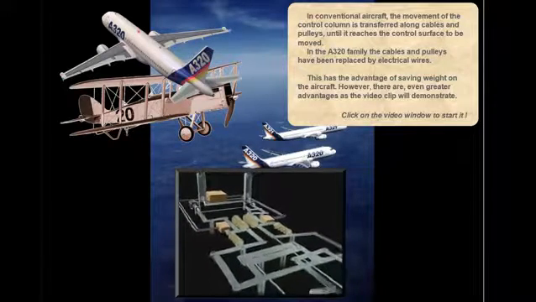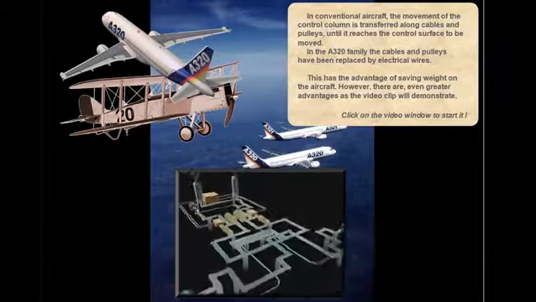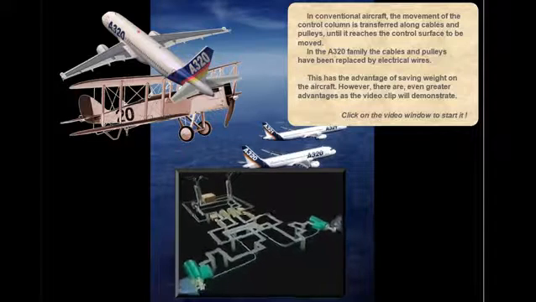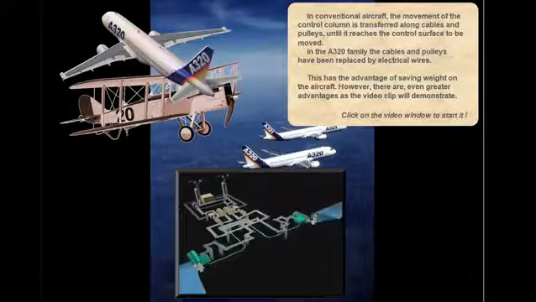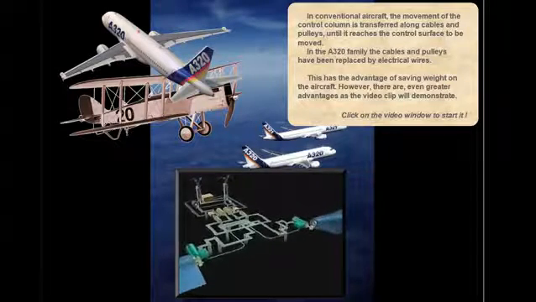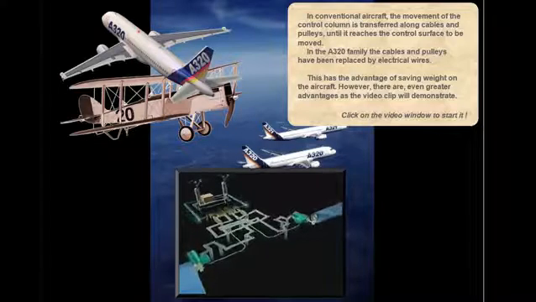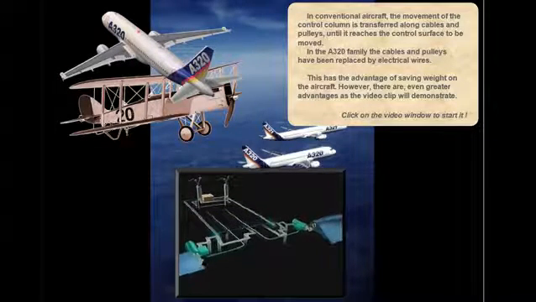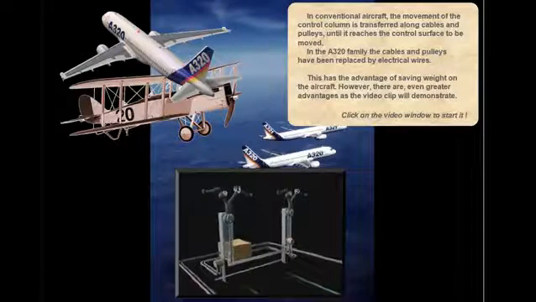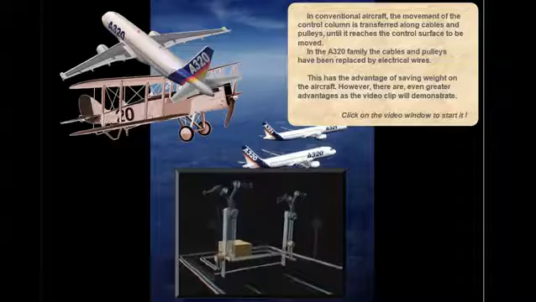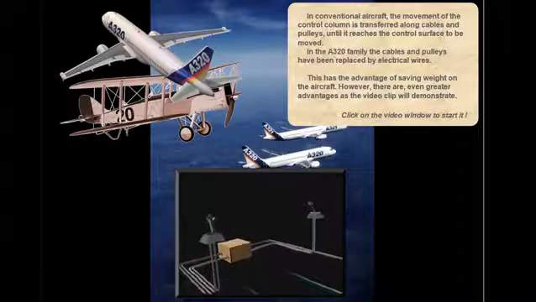As electrical signals were already being used to control the motors, the logical step now was to send the message to them direct from the control column by electrical wire, resulting in a far simpler and lighter system. And without the need to exert muscle power, the conventional control yokes could be replaced by small side sticks.